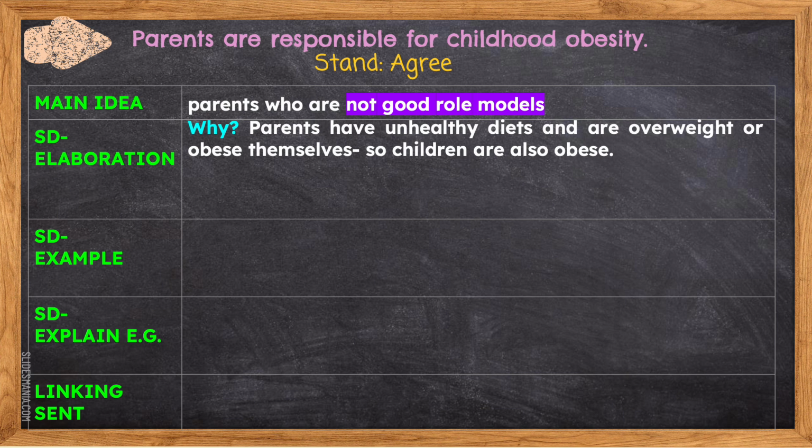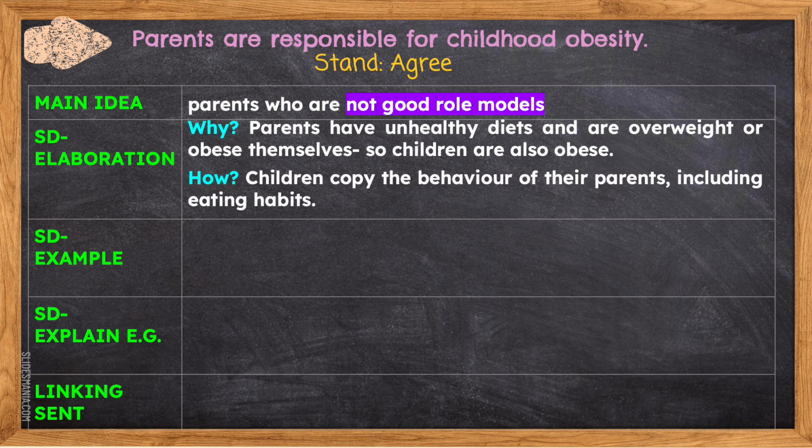The next question you ask yourself: how is it that parents who have unhealthy diets and who are overweight can produce children who are also obese? How? So you say the nature of children, they always copy the behavior of their parents. This includes their eating habits, because you're talking about unhealthy diets here.